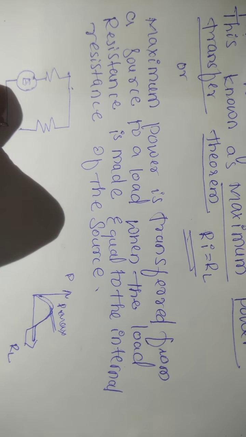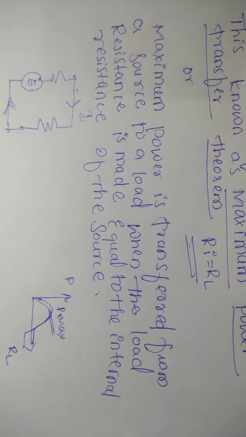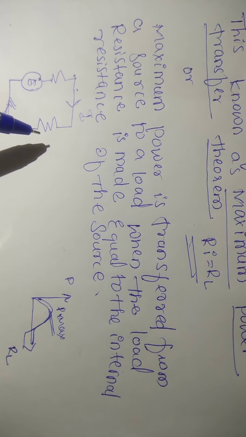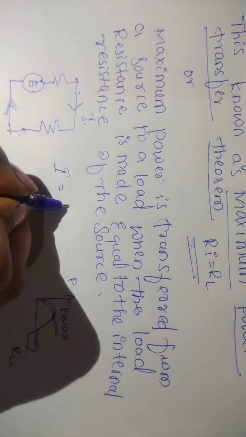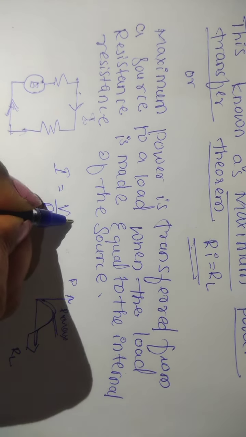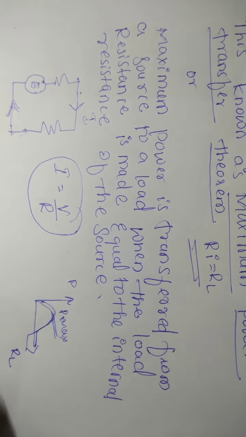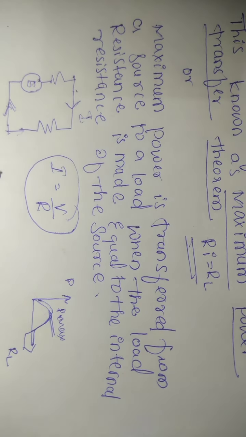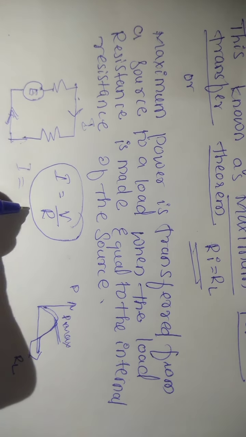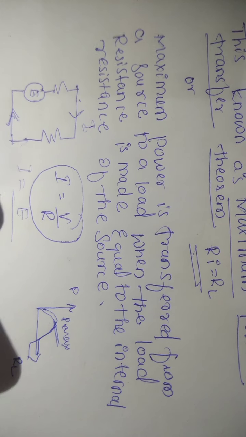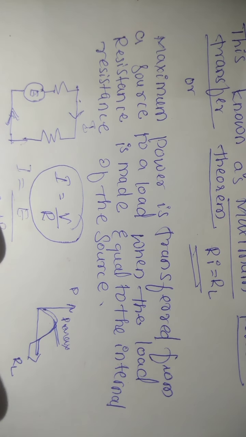This is your EMF source, and this is the load resistance. By Ohm's law, I equals V by R, so I equals E divided by RL plus RI.